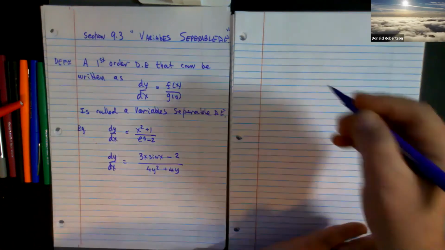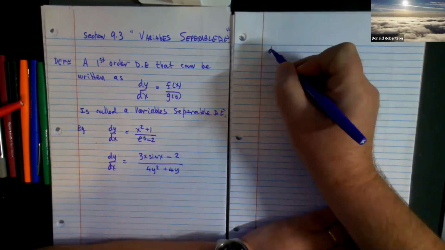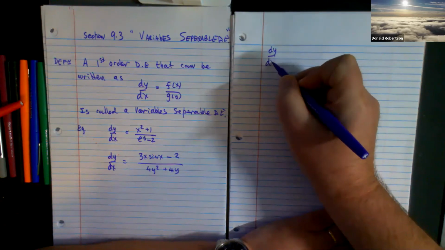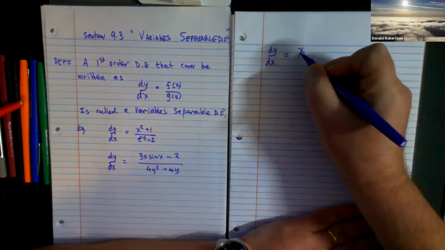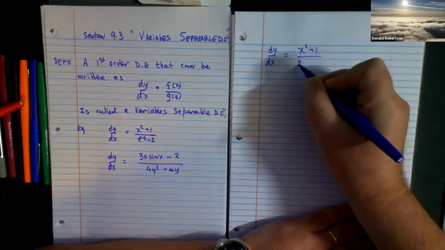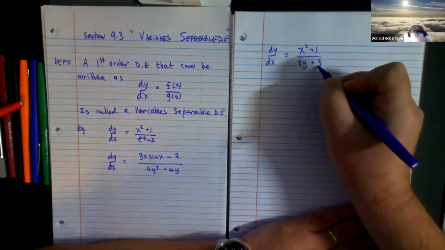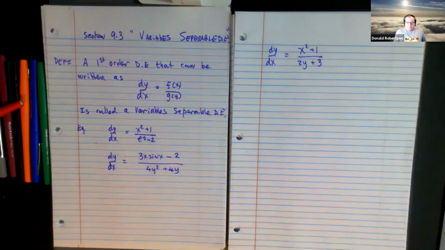Let's pick an example. Suppose I wanted to solve this differential equation. Now we are about to do some really sneaky algebra. And it is going to look like cross multiplication.